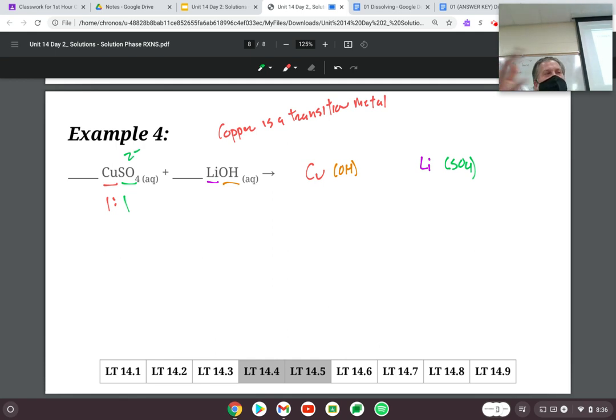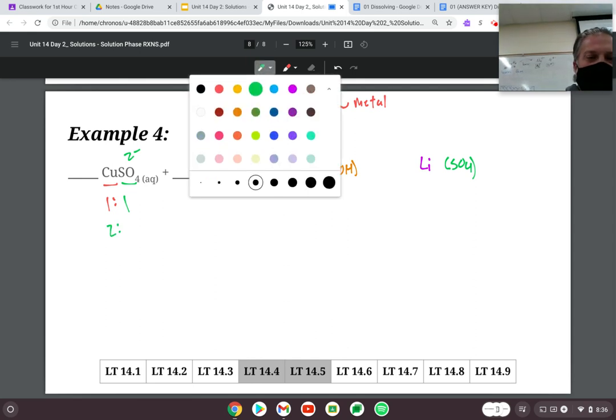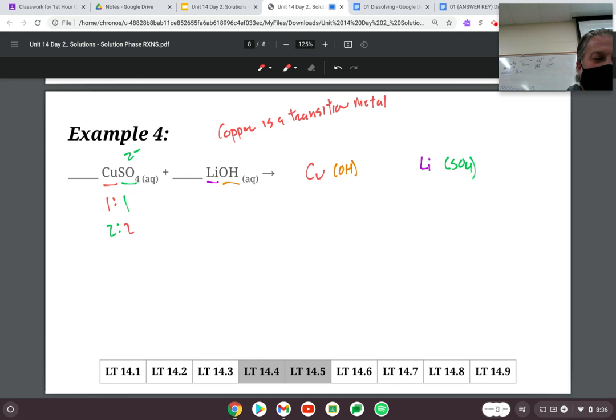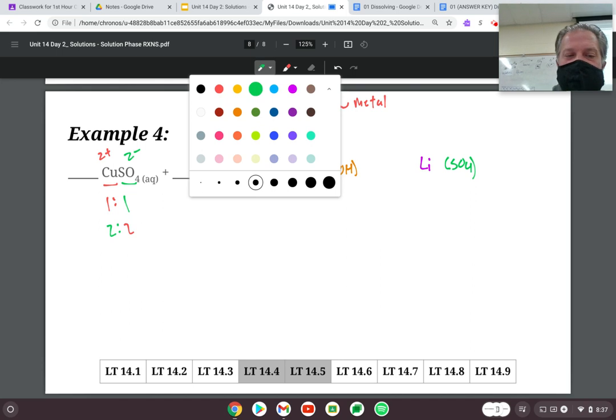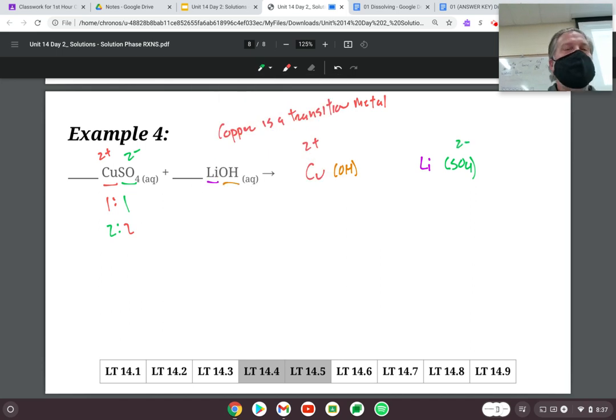And in order for copper sulfate to be 1 to 1, that would mean that the ratio is at some point 2 to 2, which means that copper has to be a +2. Okay? So that means that copper over on this side is also a +2. And since we've already figured out what sulfate is, a -2.